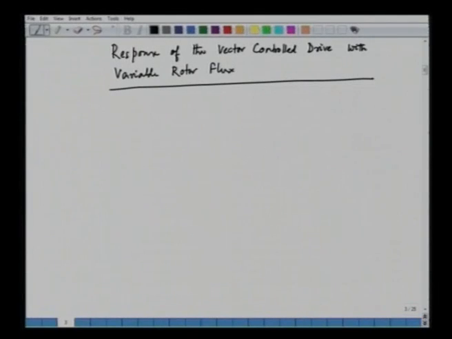So, what we will see here is the following, that as usual we know that psi qr is equal to 0, but psi dr is not constant, and we can write down the rotor equations.